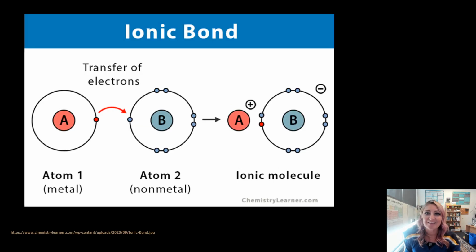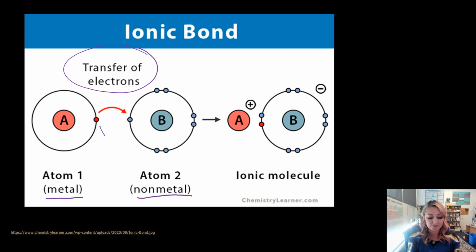What makes an ionic bond unique is the transfer of electrons. So that's the big idea. In covalent bonds, we don't see that same transfer of electrons, but we do in an ionic bond because we're dealing with a metal and a nonmetal. So atom 1 is our metal, and metals always transfer their electrons to the nonmetals.